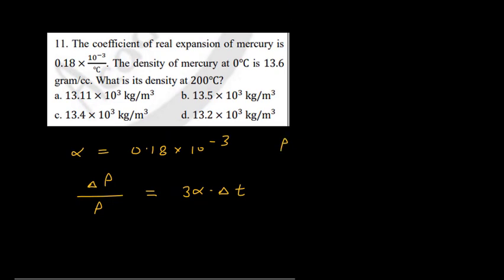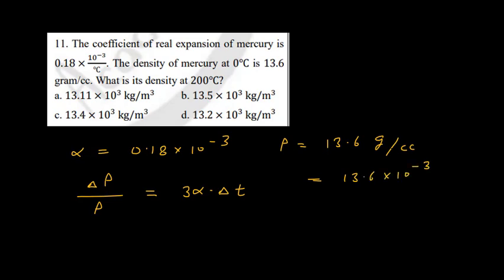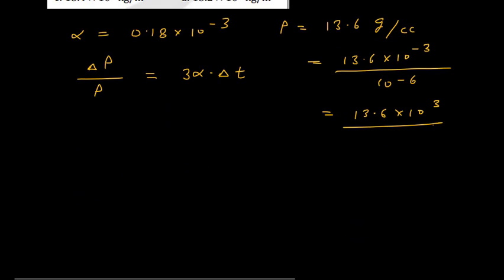Here rho is 13.6 gram per cc. So it will be 13.6 into 10 power minus 3 upon 10 power minus 6, so ultimately this will be 13.6 into 10 power 3. When we apply this, it will not make much difference.